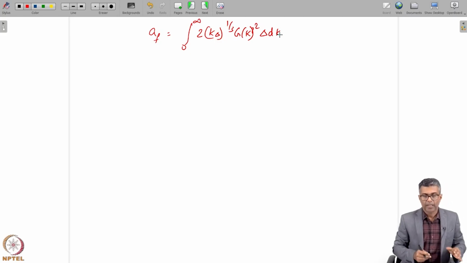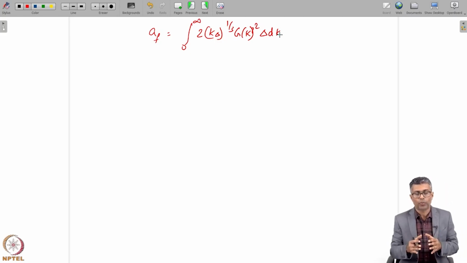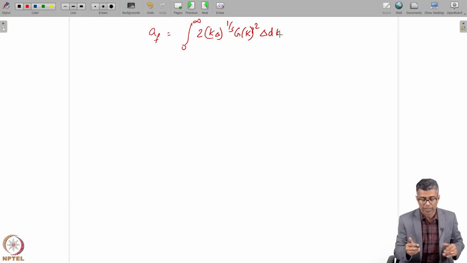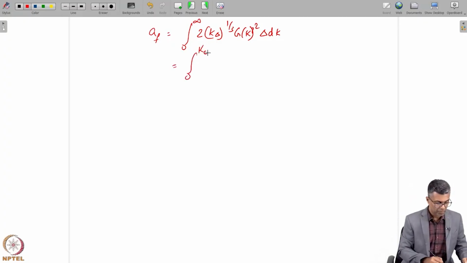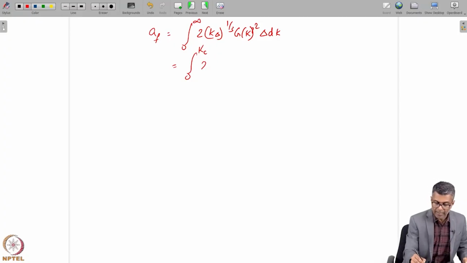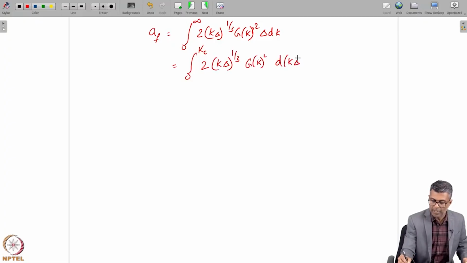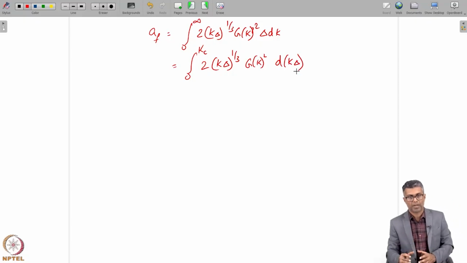Now we are choosing the filter width such that it ends at the cutoff wave number, so we don't need to integrate to infinity. We can just have 0 to kappa c. I can combine all this: my new variable is kappa delta, and I have kappa delta to the 1/3.